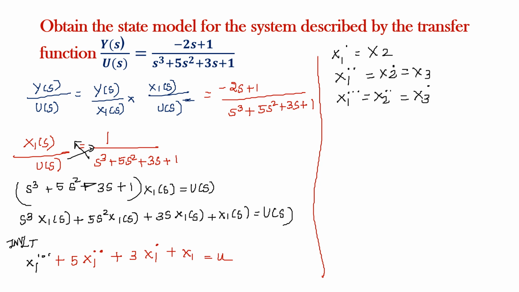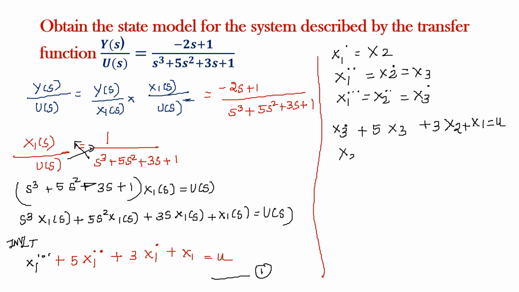Now I have to substitute these values in equation number 1. So what is x1 triple dot? That is x3 dot plus 5 into x1 double dot, which is x3, plus 3 into x1 dot, which is x2, plus x1, that is equal to u.